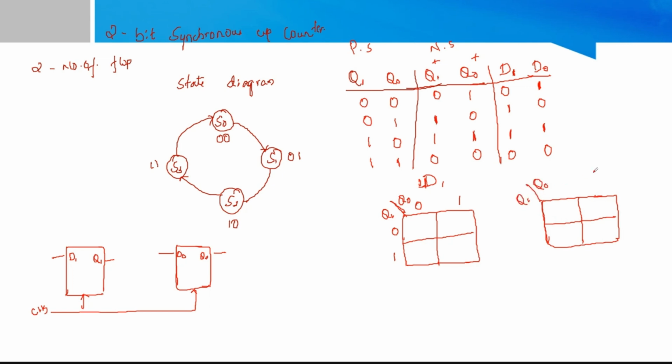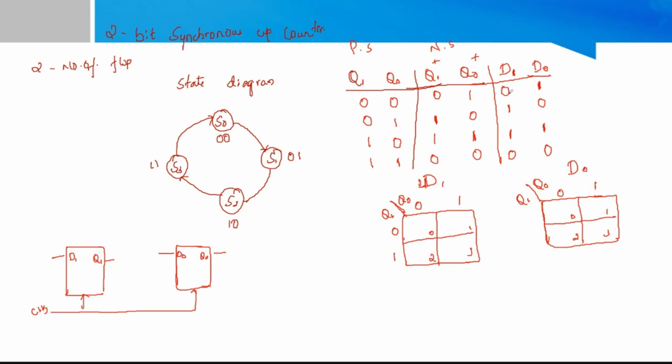This will be Q0. This will be D0. This will be 0, 1, 2, 3. So this will be 0, 0, 0, 1, 1, 0, 1, 1.